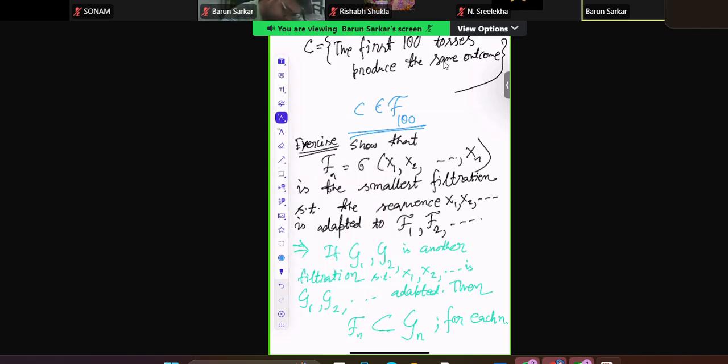This is the smallest filtration. That means if you have another filtration G1, G2, then Fn should be contained in Gn for each n. That is what it says.